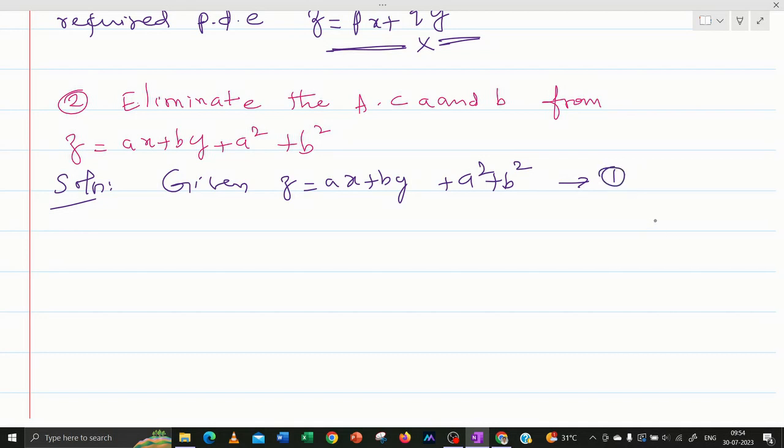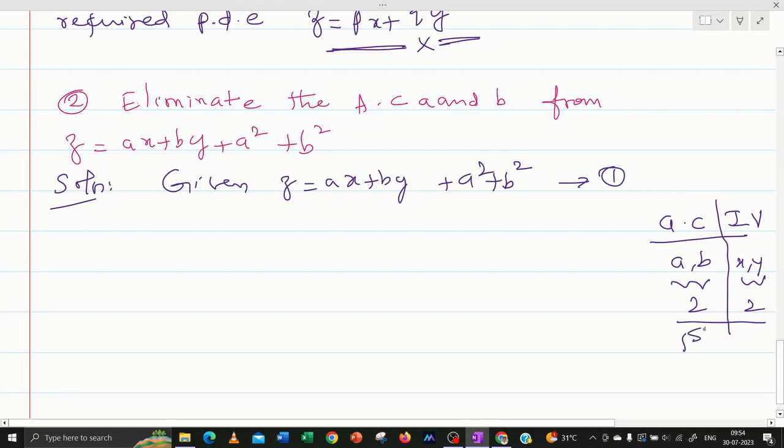Here also we can observe the arbitrary constants. a and b are the arbitrary constants, and x and y are the independent variables. So the number of arbitrary constants is equal to the number of independent variables, so we will get the resulting equation in first order. As I told, for any problem you have to differentiate with respect to x and y.